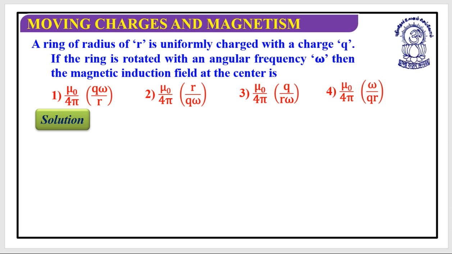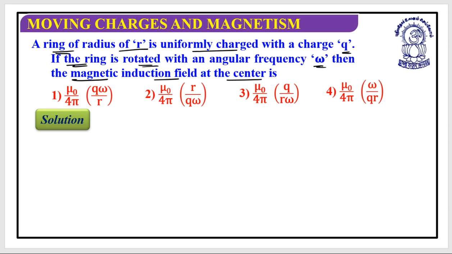What does it say? It says that a ring of radius r is uniformly charged with a charge q, and if the ring is rotated with an angular frequency of omega, then the magnetic induction field at the center is?